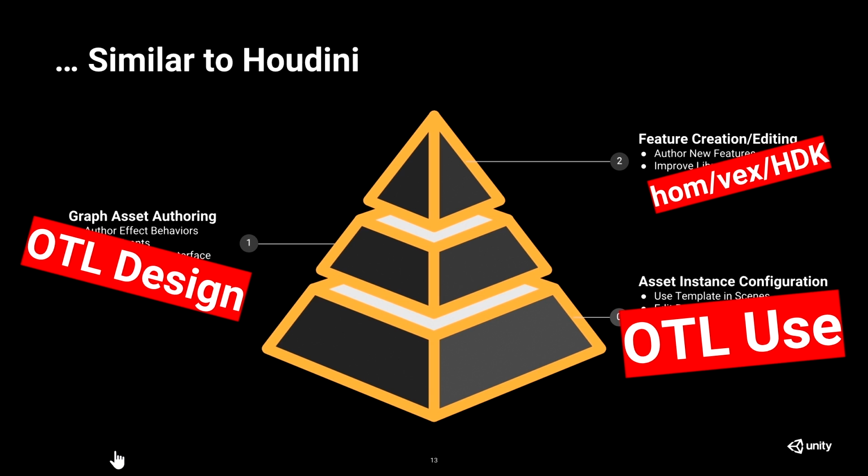And it's basically really similar to Houdini with the OTL design. Basically, at the bottom, the OTL usage and OTL design for the graph assets, and how to extend the library using Houdini Object Model, VEX, or even the HDK.